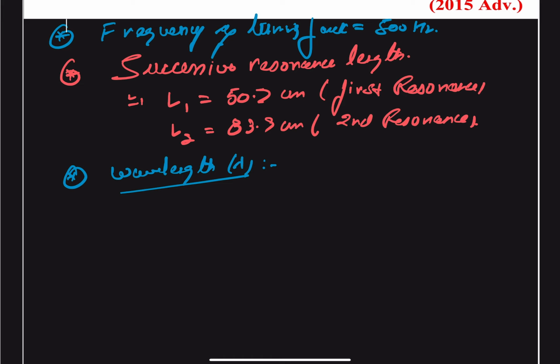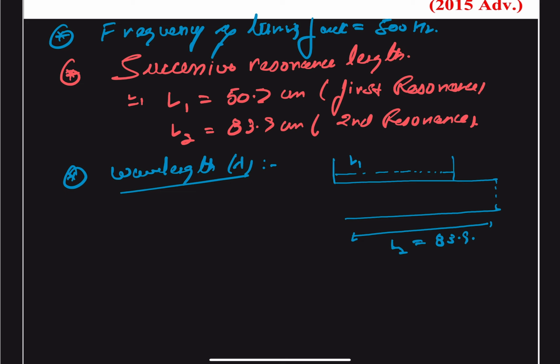So we have two lengths. Let us draw an approximate figure. This is our L2, the entire length, which is 83.9, and the second one will be our L1, that is 50.7 centimeter, and the difference between these two will be equal to lambda by 2.